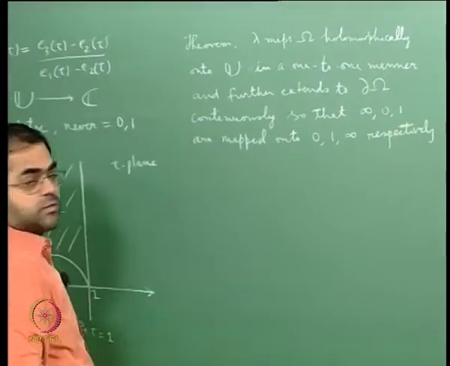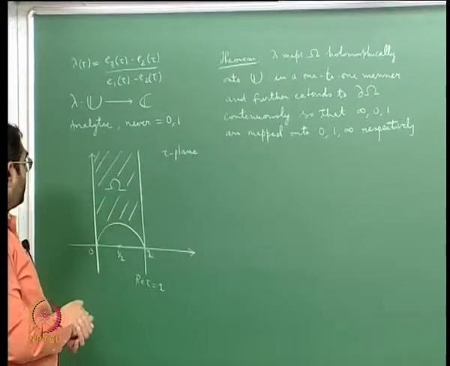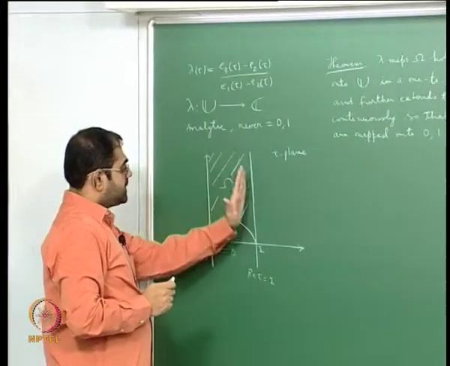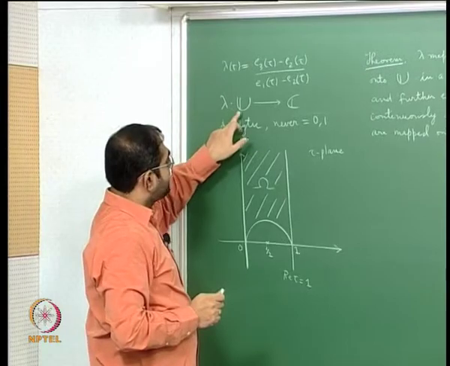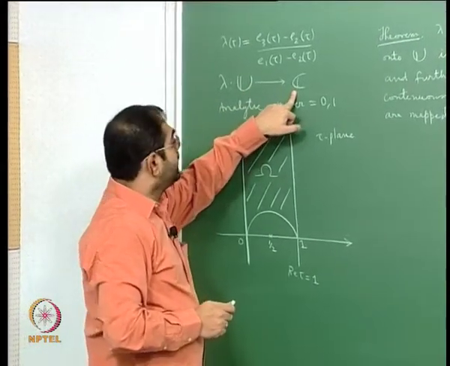okay. So this is the theorem we are trying to prove, that lambda maps, see lambda is defined on the upper half plane and it takes complex values.